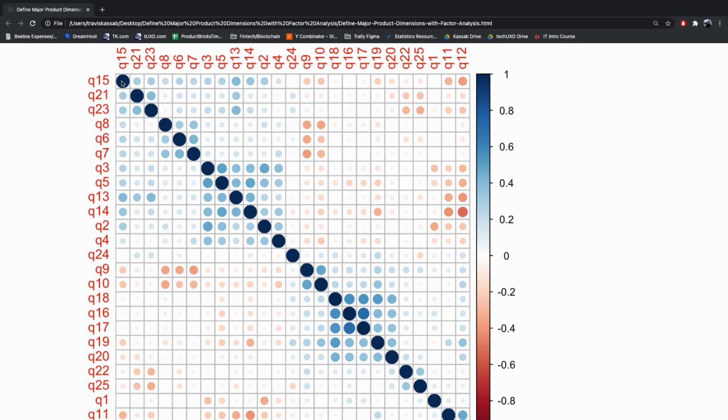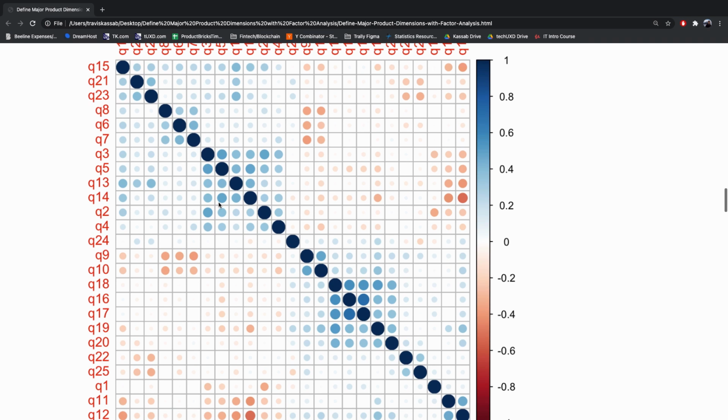So the diagonal has a 1-to-1 correlation because it's comparing the same variable, and then it shows the intercorrelations between all the other variables. And we are definitely seeing pockets of high correlation. Like, look at this. If I had to guess, this block of questions are positively correlated with each other by 0.4 or more, just based on the coloring of the circle and the size of it.